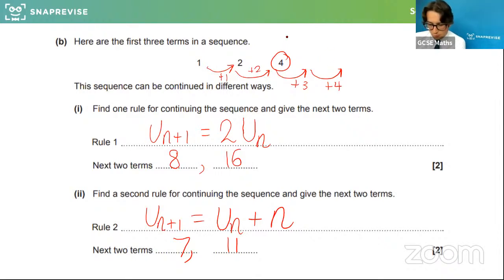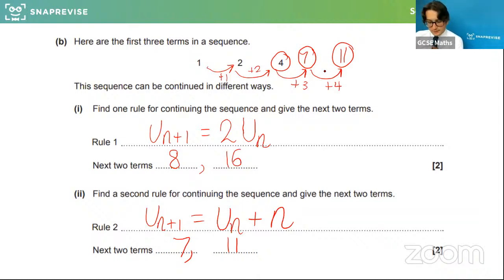So the term we're on, U3, plus 3 would get us the next number. Then that term, U4, plus 4 would get us the next number, and so on. So that's another really good example. So basically this sequence could be going 1, 2, 4, 8, 16, 32, and so on, 64, double it all the time.